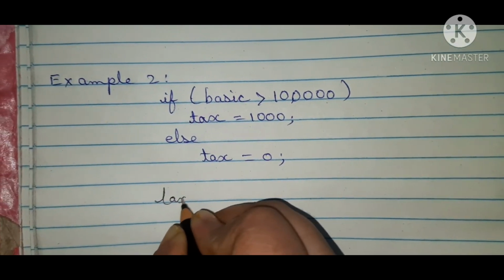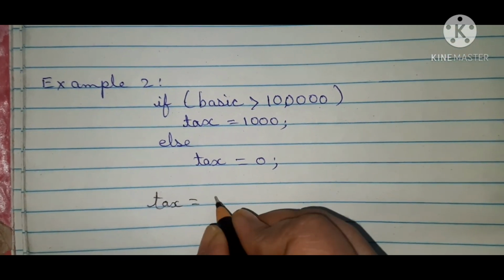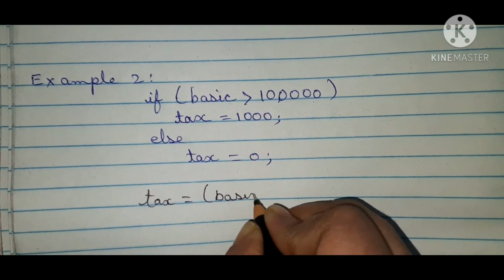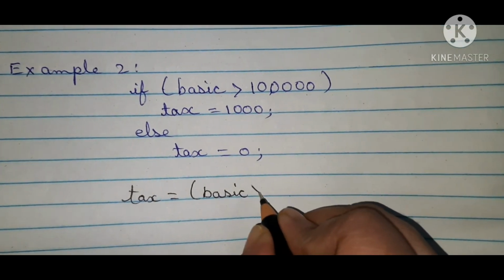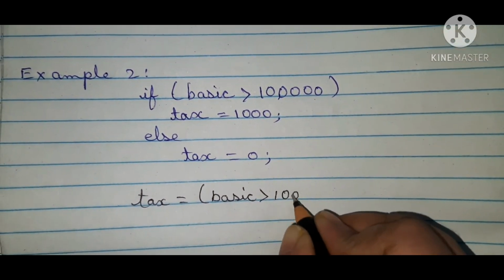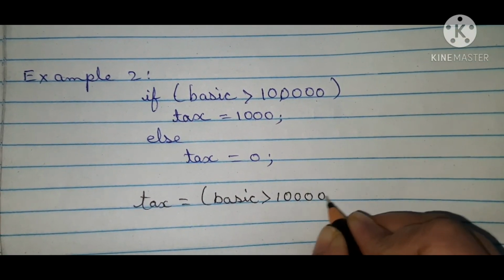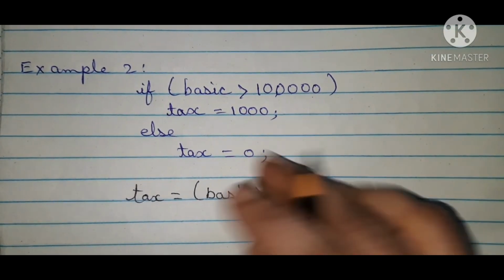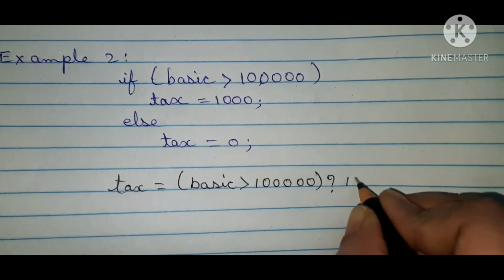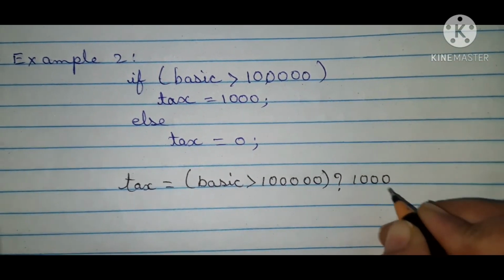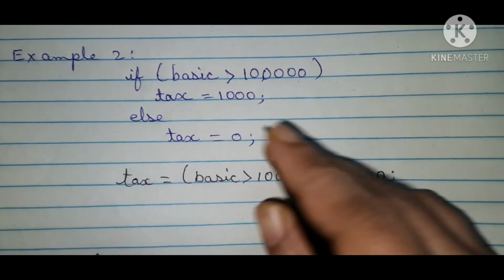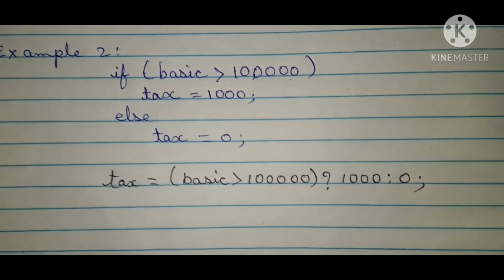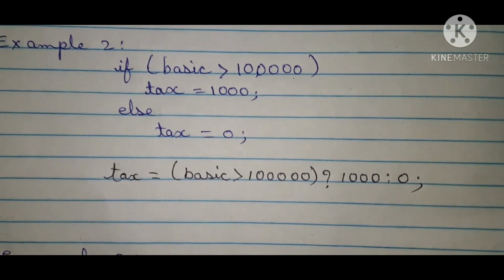So tax equal to, then we'll give the condition, basic is greater than 1 lakh, then the question mark, then we'll write the value. If it is true, then 1000, else if the condition is false, then 0. So the value will be stored in tax.